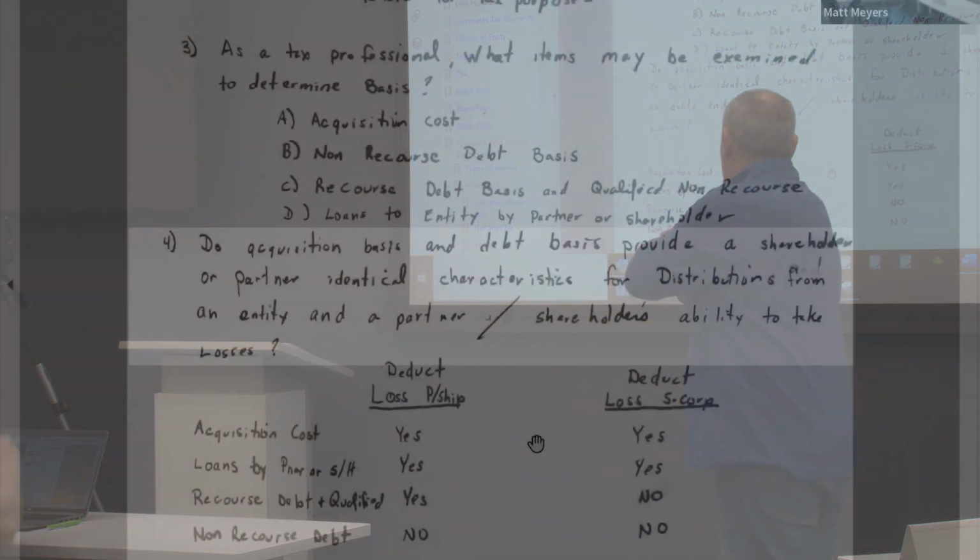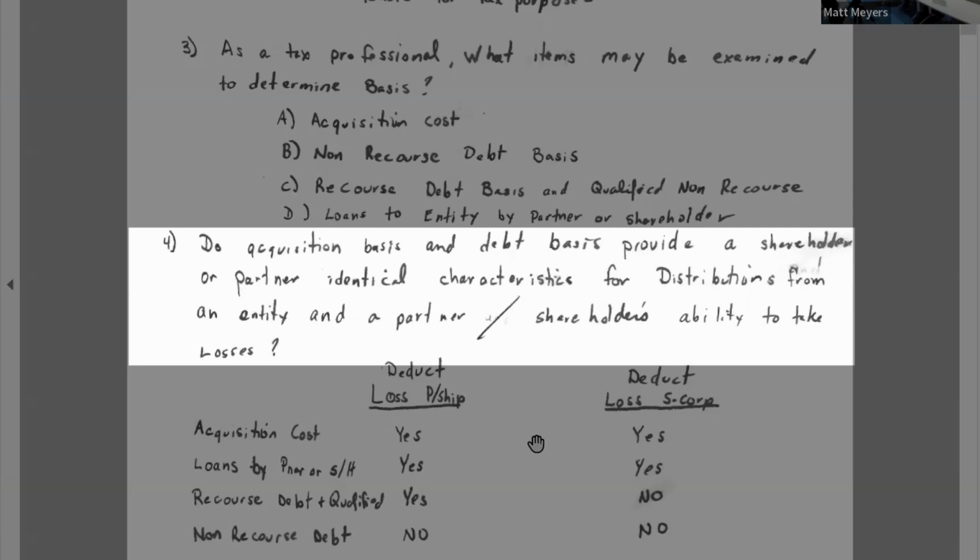So for a partnership, this is saying shareholders' ability to take losses. Fine. I'm okay with the way that's written. Okay. So the hair I was about ready to split is, does it provide basis? The last sentence, does it provide the person the ability to take losses?